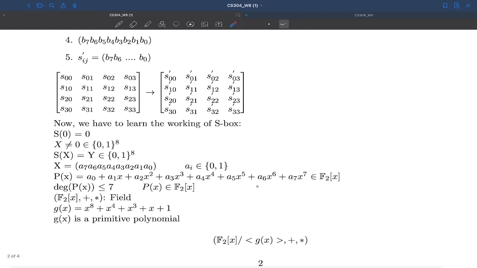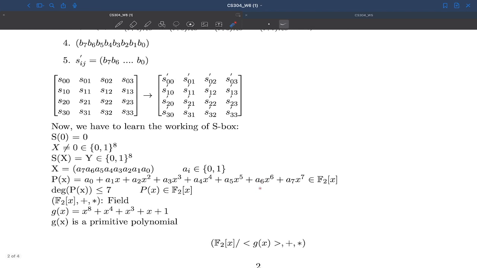First of all, the S box maps 0 to 0. What does 0 mean here? It means I have an 8-bit string and at every index I have 0. None of the bits is set in that 8-bit string. That 8-bit string is full of 0, and it is mapped to 0 only.